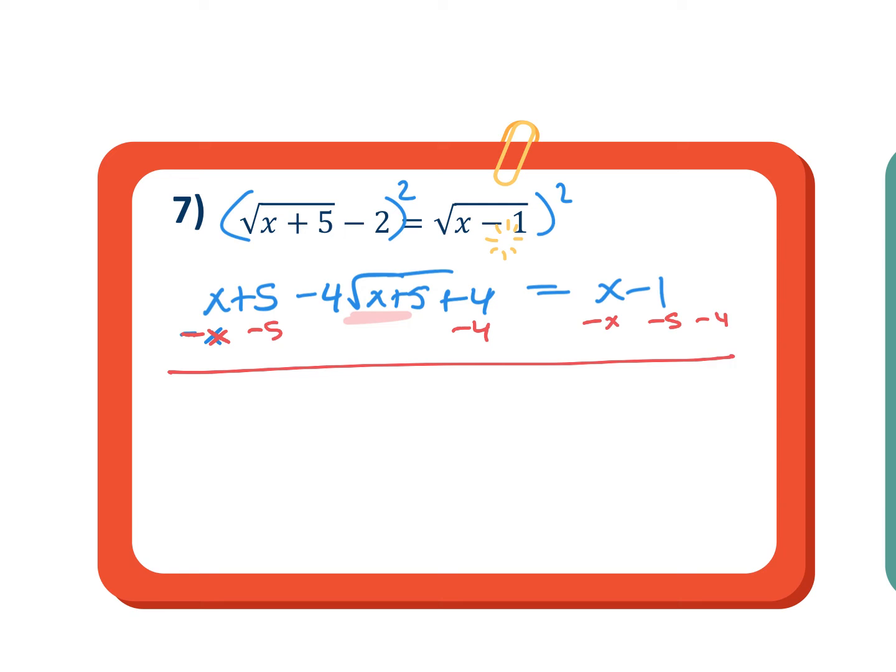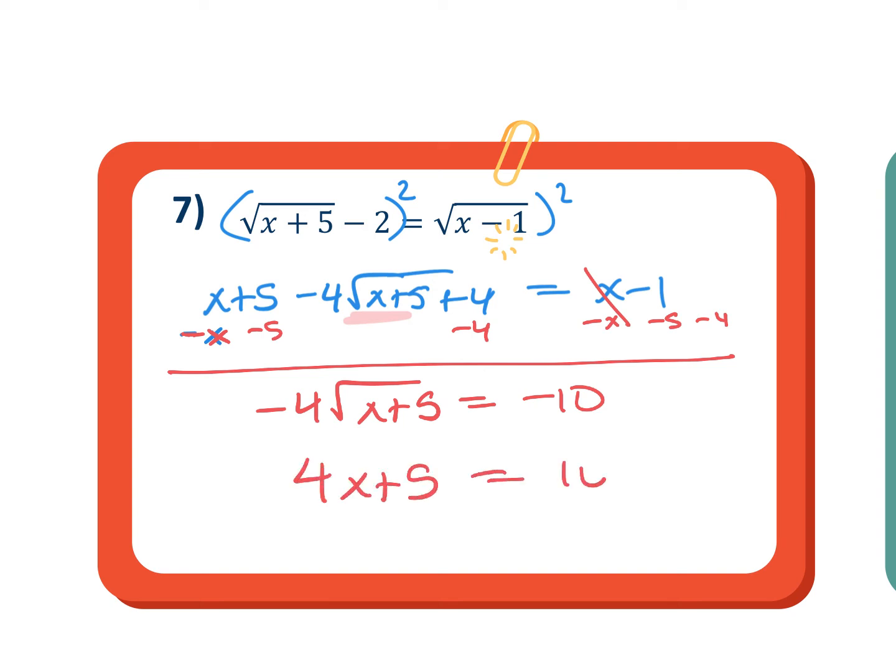Once I do all of that, I end up getting negative 4 times the square root of x plus 5, and then over here, notice the x is canceled, and now I'm just adding negative 1, negative 5, negative 4, and I get negative 10. So again, what I'm going to do here is go ahead and square both sides. And what I can do is divide both of these by negative 1, and really what I'm squaring is this.